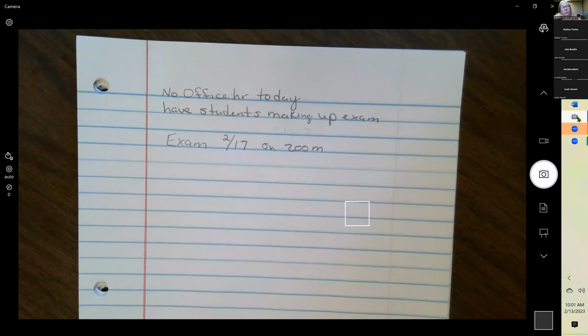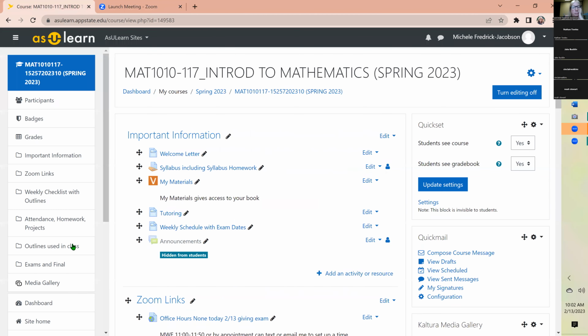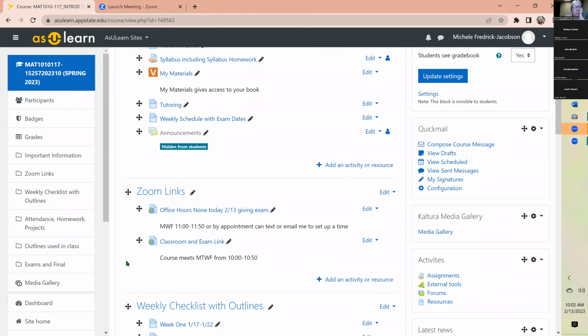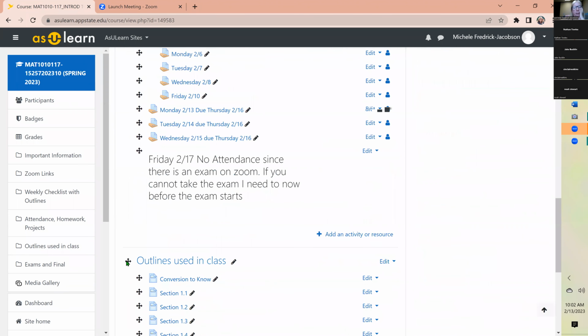Any questions? If you've looked at the weekly checklist, a lot of things were put in. I forget where I put it though. I might have put it down here.